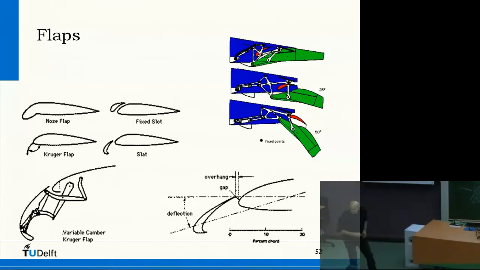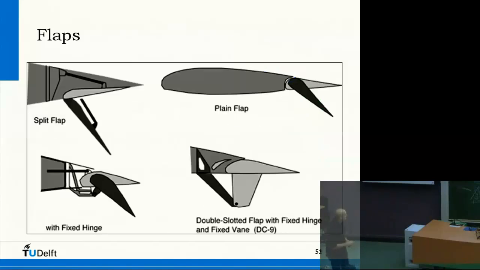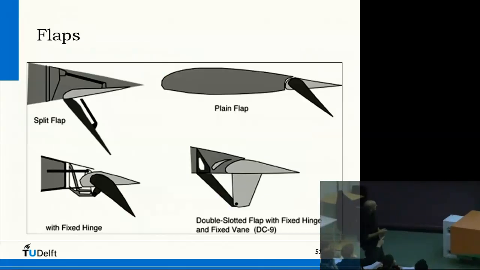In the previous slide, the plane flap. You steer your plane downward, right? Well, if you deflect it like this, this is in the non-deflected situation, and this is in the deflected situation. It will go up. This is a positive flap deflection, right?